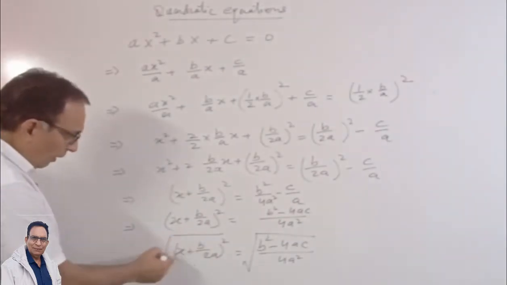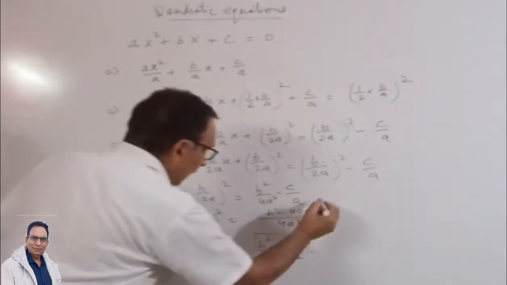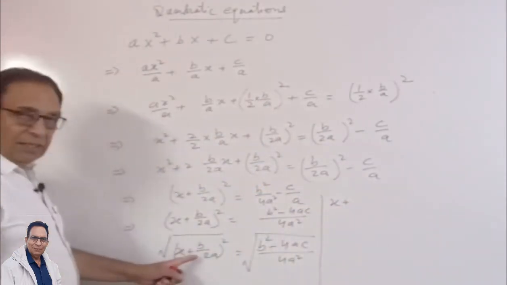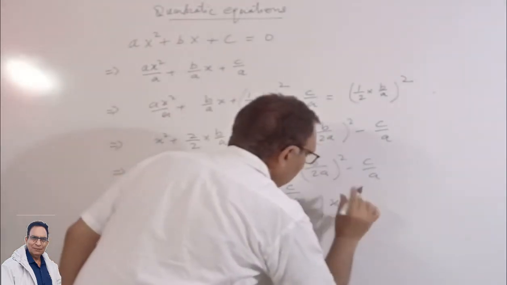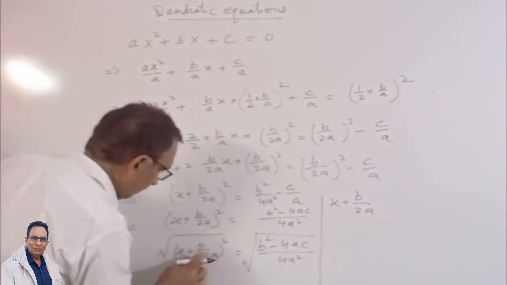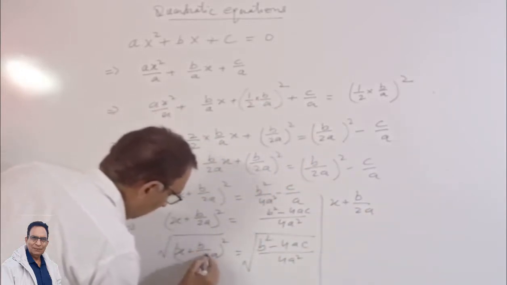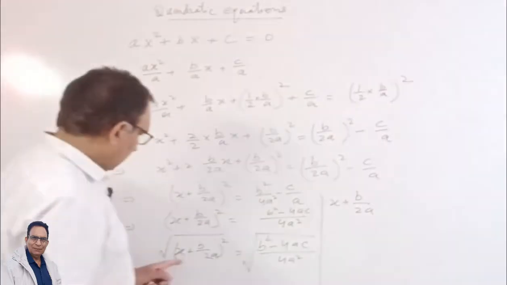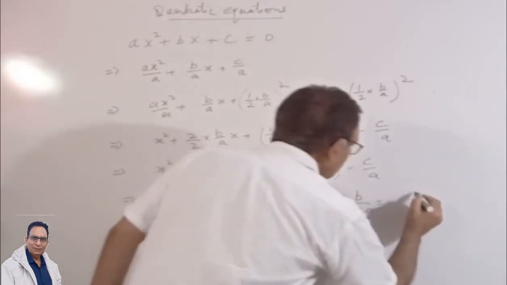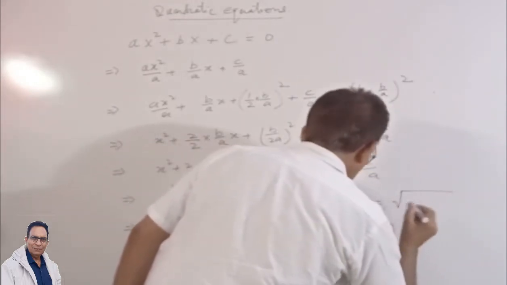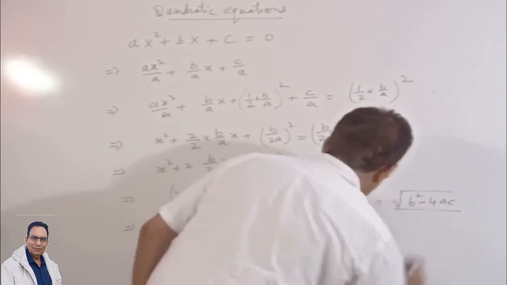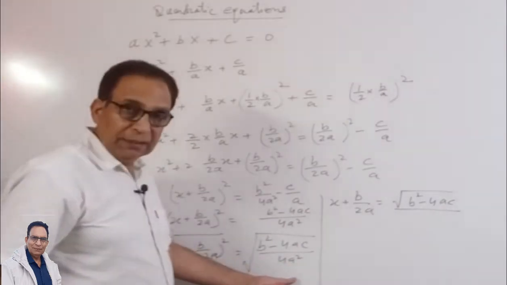So this square root is cancelled with the power, and you will be getting x plus b over 2a. Writing clearly 2a. So this part is remaining here, and when you take the square root this side, it will be b square minus 4ac divided by this 4a square under radical.